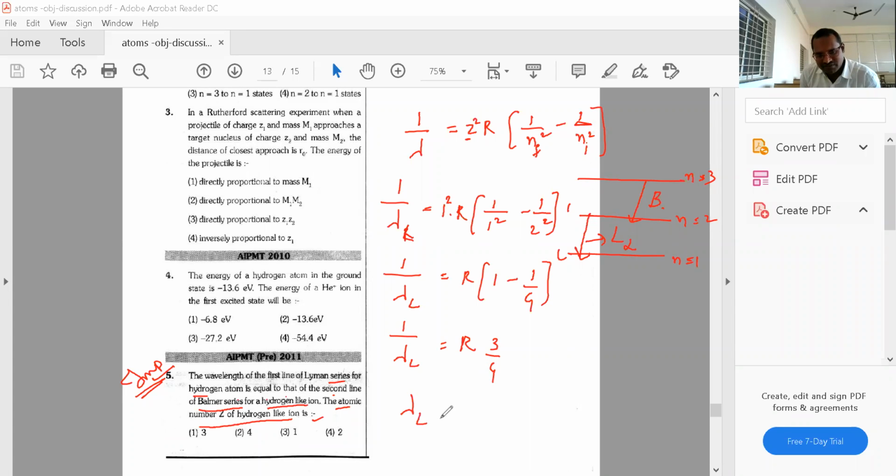Then lambda of Lyman is equal to 4 by 3R. Remember, this is equation number 1. Just remember this. And now I am going to the Balmer line.